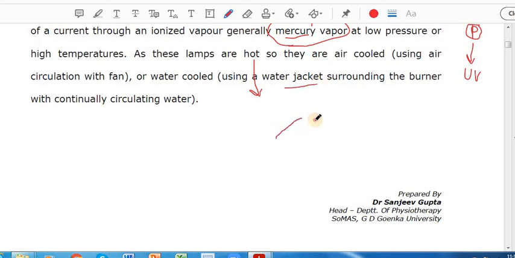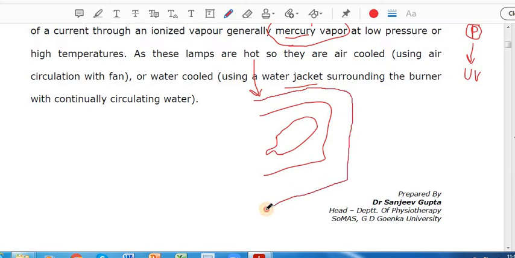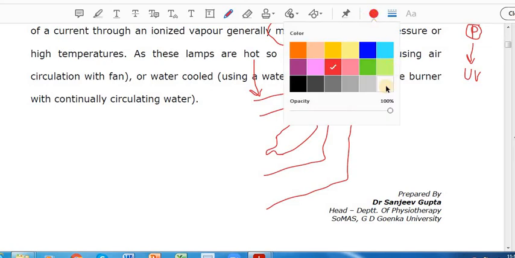We take a lamp, suppose this is the ultraviolet lamp, and we cover it in a waterproof seal, and we will have another envelope. And there will be a window here.